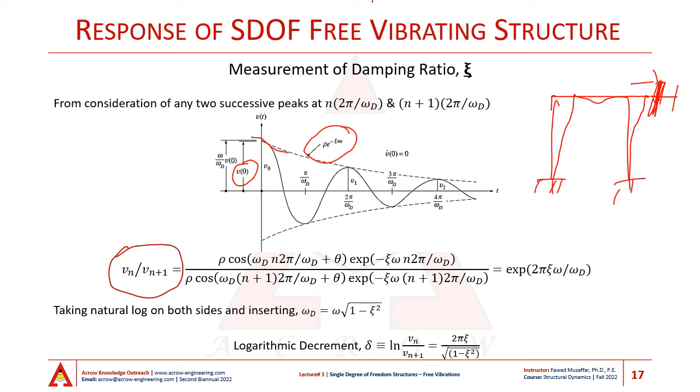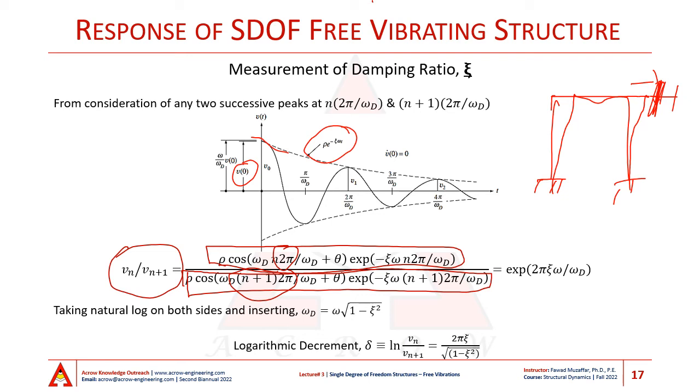We can calculate this ratio, and we have this representing our response at a certain peak, and this is our response at the peak after that. So n times 2 pi is the response at which we are monitoring the peak in the numerator, and n plus 1 times 2 pi is the response for which we are monitoring the peak in the denominator.